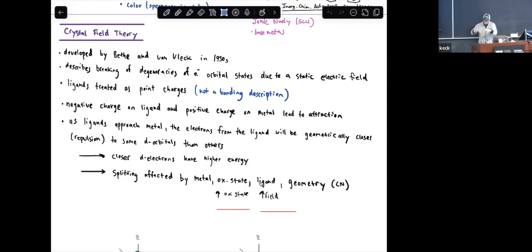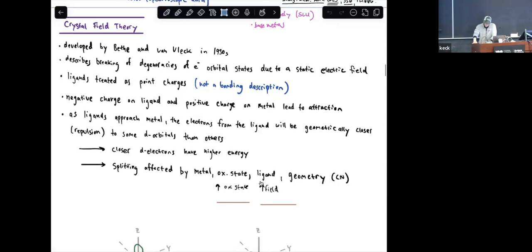So we know about the concept of degeneracy. All 5 d orbitals are degenerate, but in a static electric field of a constellation of point charges, that does not hold. And so you get breaking of degeneracy.